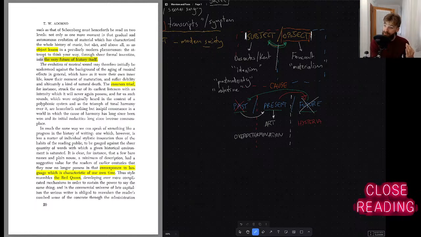In the present, we might be able to change how the past means. There's this funny kind of circle going on here. So this green is what Jameson wants to suggest atonality in Schoenberg and Stravinsky's case is doing, and perhaps more generally the work of art should do as well.